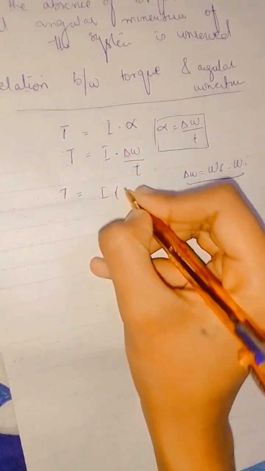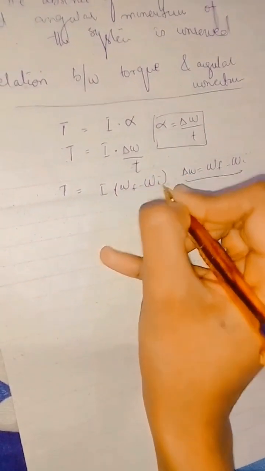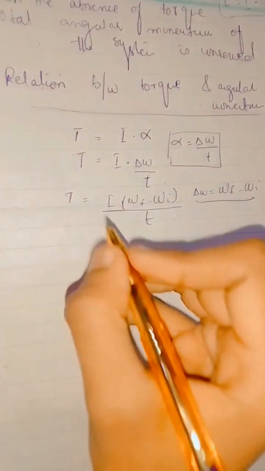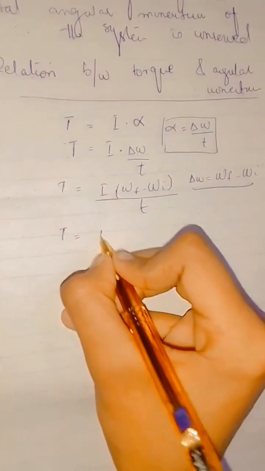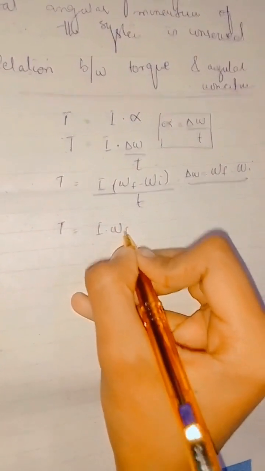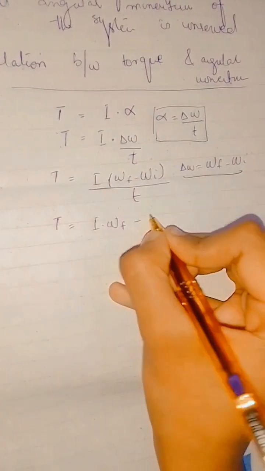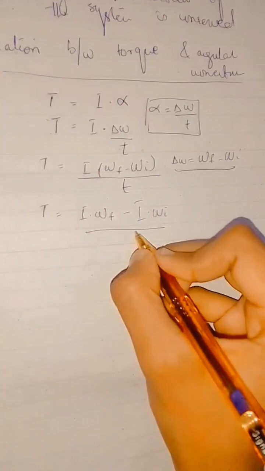So instead of this we will be writing Vf minus Vi divided by time. Now we will be multiplying it. Torque is equal to I into final angular velocity minus I into initial angular velocity, divided by time.